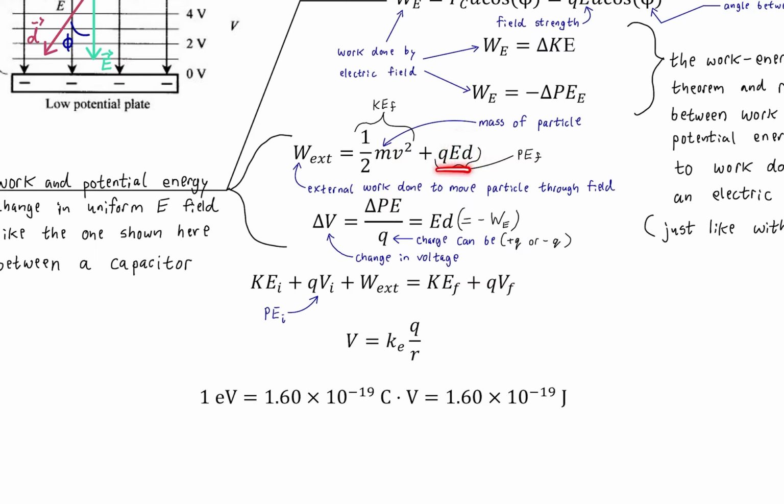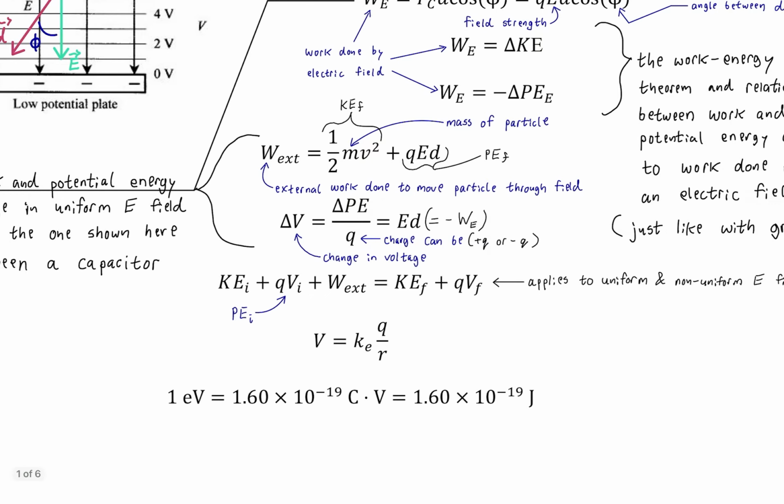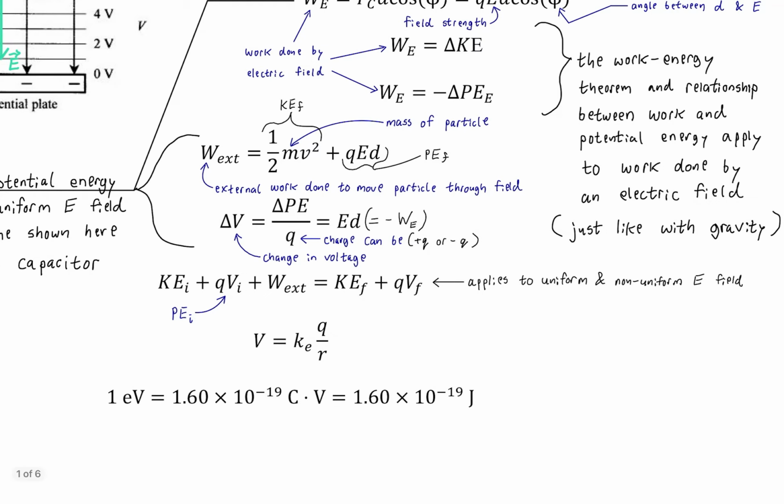So we can write it however we want. We could write it as QED, right? Or I can write it as QV1. Just depends on the problem, the information that is available. Okay? And this equation here, this conservation of energy, this is important, applies to both uniform and non-uniform electric fields. Okay? Because although I called attention to the fact that general definitions of work and energy applied to all cases, applied to the electric case, we haven't really talked much about non-uniform electric fields.